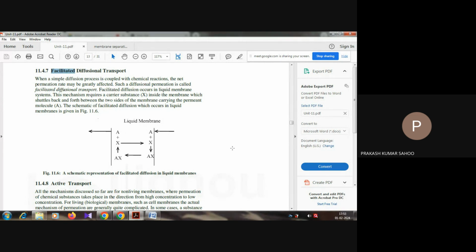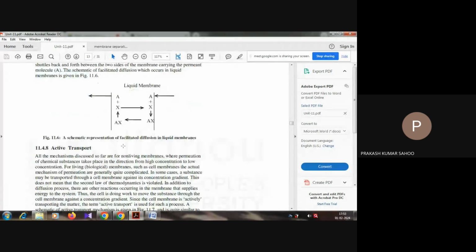Facilitated diffusion occurs in liquid membrane systems. The mechanism requires a carrier substance X. This reacts chemically with our substance A and forms a compound AX, and again that AX dissociates to give A plus X, and it gets separated. That means by using a chemical reaction the diffusional rate is enhanced, which is known as facilitated.